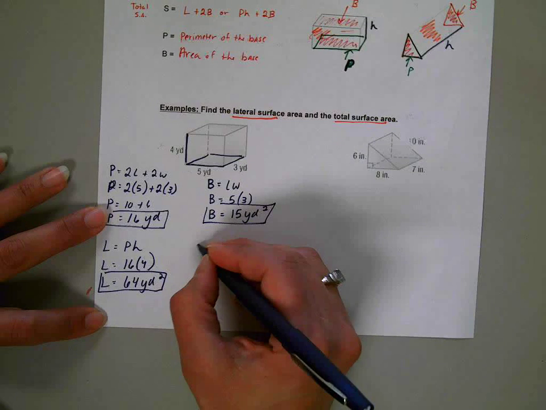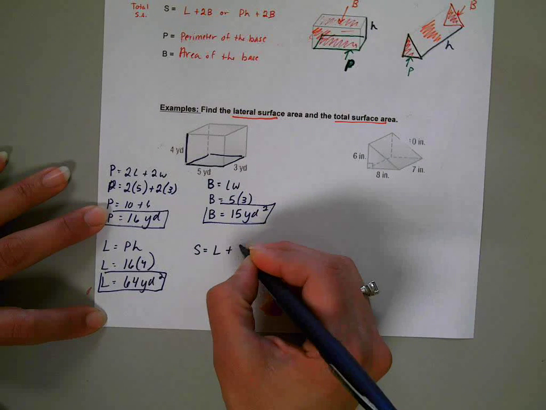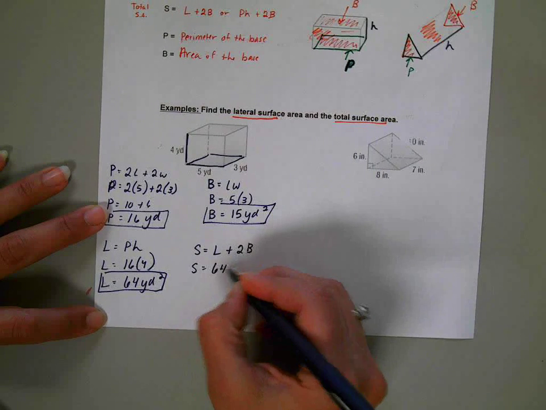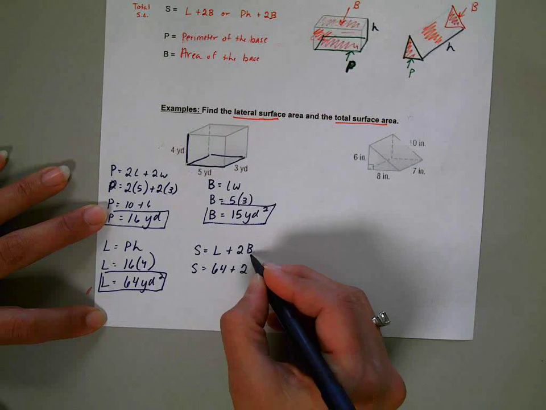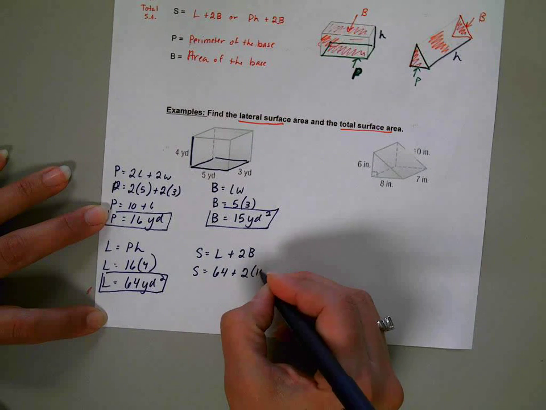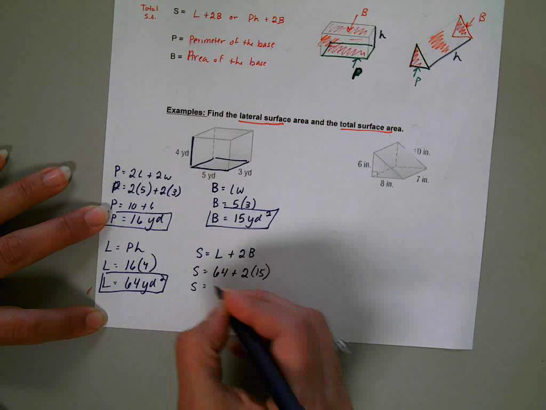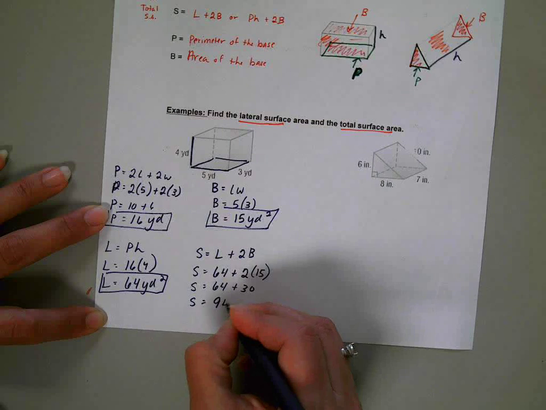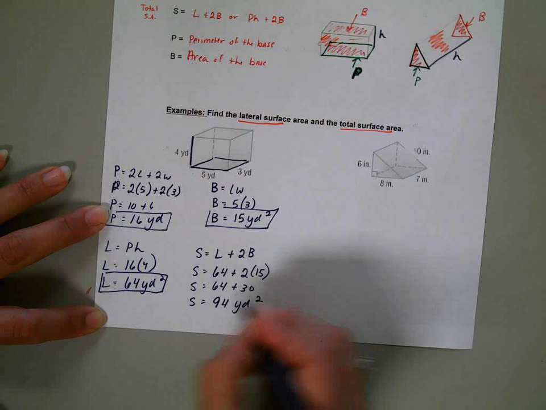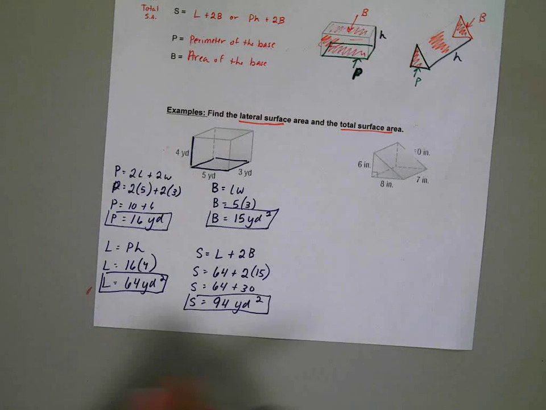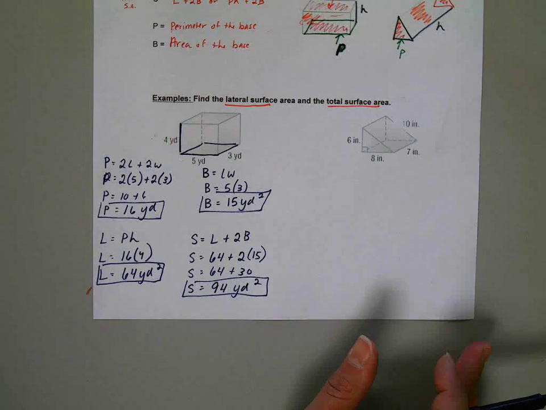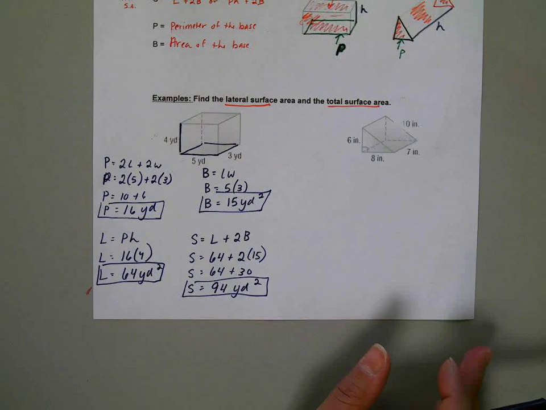Now I can substitute my lateral in for my total surface area. So lateral was 64, big B was 15, so my total surface area is 64 plus 30, and that is 94 square yards. So all I'm doing is finding the perimeter and the area of the base first, and then I'm substituting those in for lateral, and when I find my lateral, I'm substituting that in for my total.